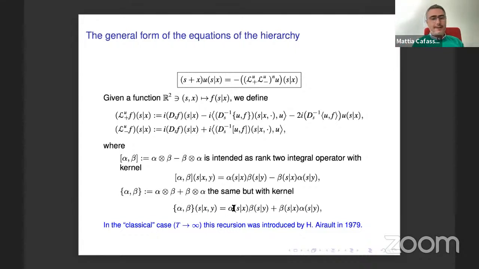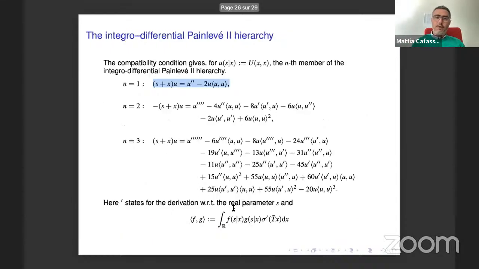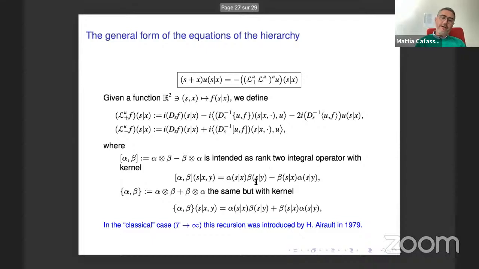It is somehow complicated, but it's simply an algorithm, and you can go from one equation to the other very easily. Actually, this recursion that we found is, in the classical case, in which the temperature goes to infinity, something introduced by Hélène Airault in 1979. So it's something very classical that survives in this operator valued setting.